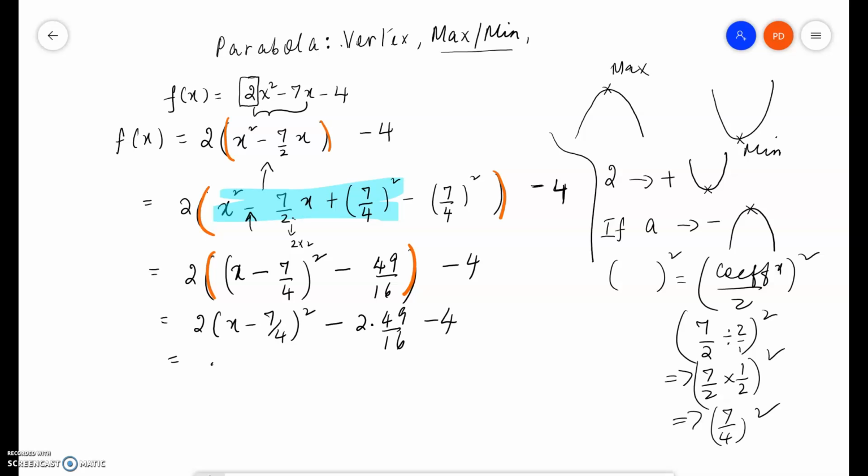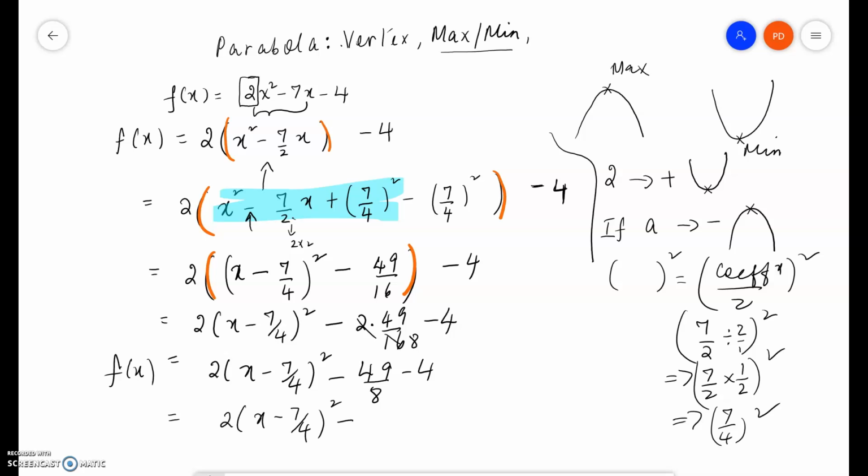So this is equal to 2 times x minus 7 over 4 the whole squared minus 49 over 8 minus 4. So that is equal to 2 times x minus 7 over 4 the whole squared minus, so we multiply and divide by 8.